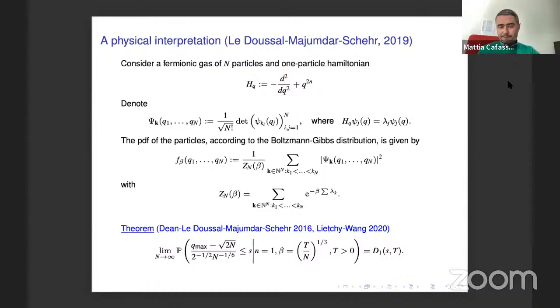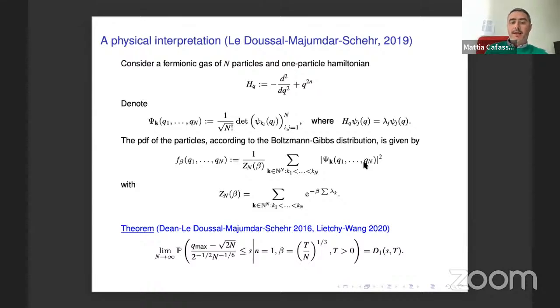So in this paper, Le Doussal, Majumdar, and Schehr studied a fermionic gas of n particles with this one-particle Hamiltonian. And then they studied this gas according to the Boltzmann-Gibbs distribution, in which the joint law is given by this expression, in which we have a sum of some determinants that are constructed out of a function of the one-particle Hamiltonian. And you have these determinants because we are studying fermions.